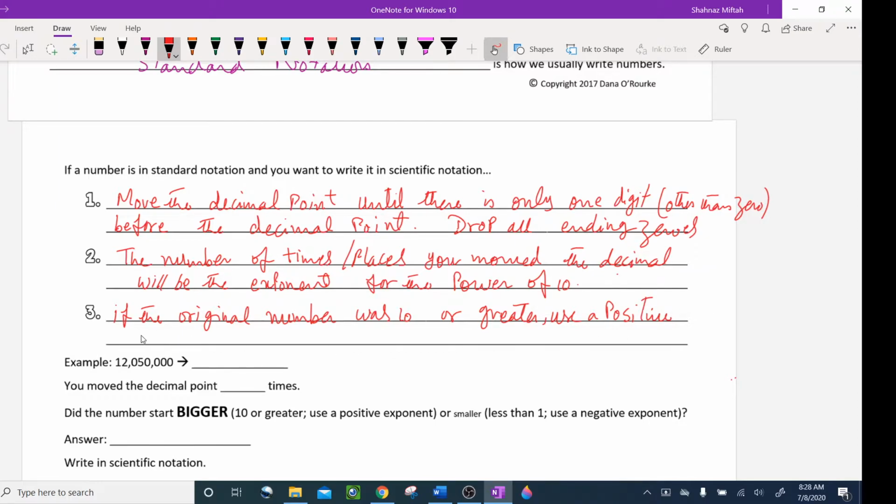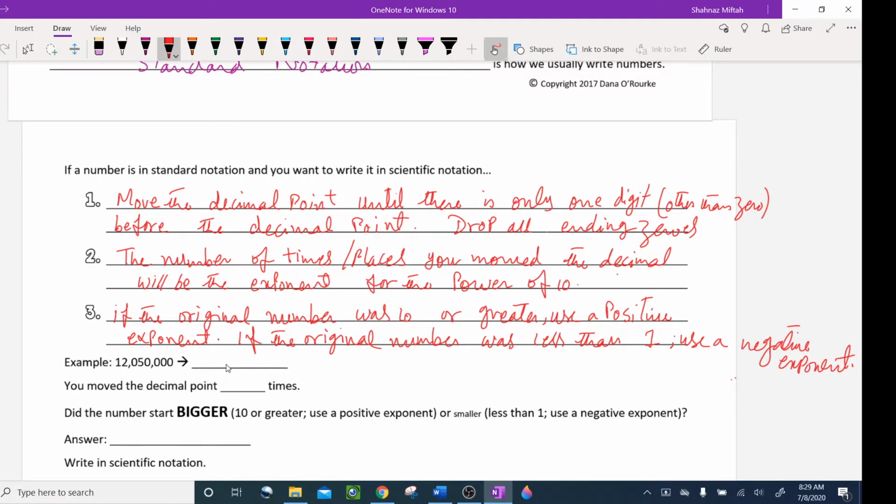If the original number was less than 1, use a negative exponent.